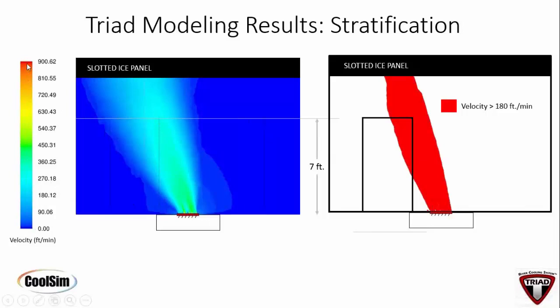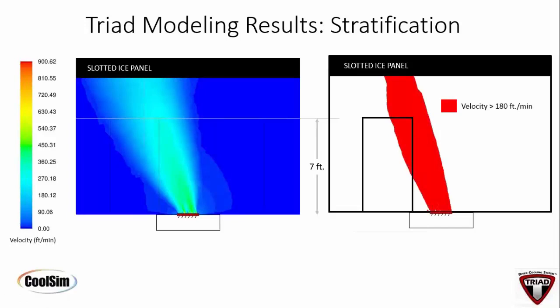So at the top end it's running at 900 feet per minute. Down low it's of course 0. So we take color and spread it across the whole range, and you see that the air is coming up and covering that whole rack pretty nicely. And furthermore, it's angled a little bit. This plot right here is an ISO plot of velocities greater than 180 feet per minute.